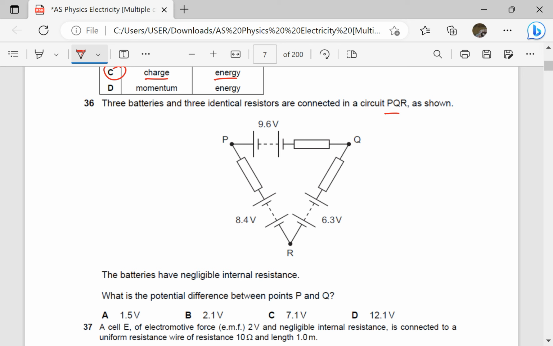To find the net effective EMF, we look at the cells, or I can even put a loop in there. Let me put a loop which is anti-clockwise. So EMF total, moving around the loop, we have 9.6 minus 8.4 plus 6.3, which gives us, I think, 7.5.